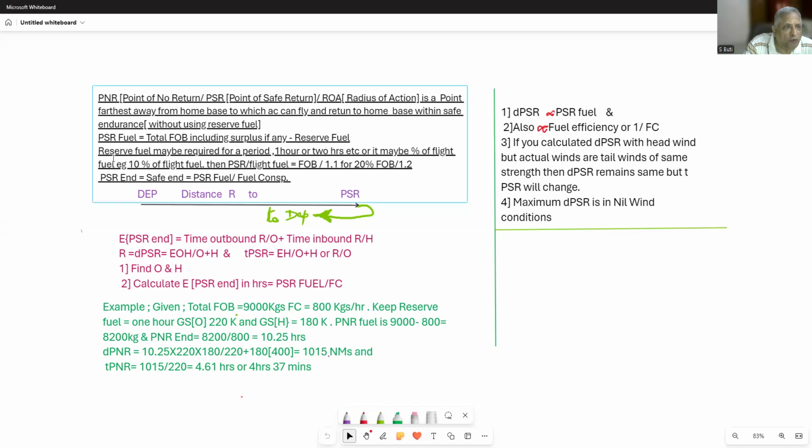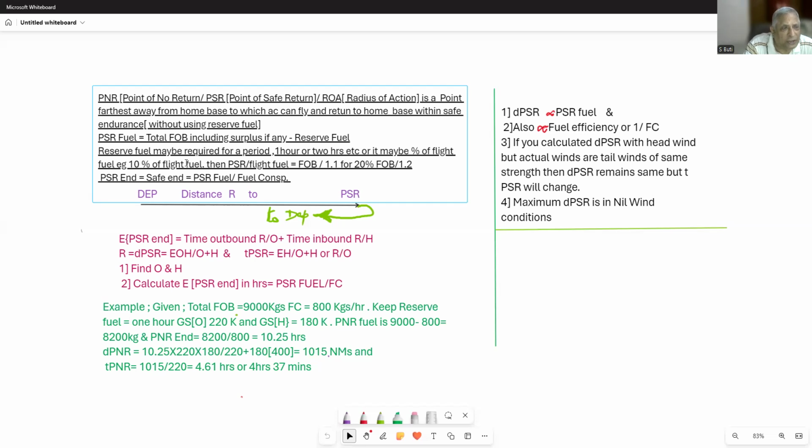The reserve fuel will be mentioned for a particular period, that save a reserve for 1 hour, 2 hours, etc. Then all that you do is from the total fuel, subtract that fuel for 1 hour, 2 hours as required for your reserve, or it may be given as percentage of flight fuel. For example, that reserve is 10% of flight fuel.